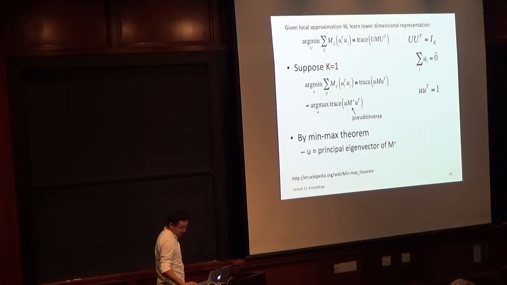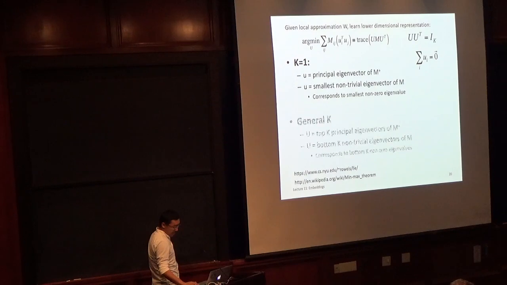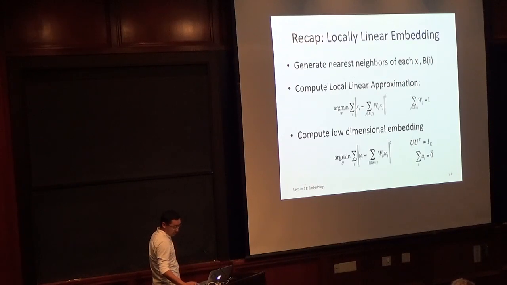So in the interest of time, I'll just skip this. Basically, it turns out that after you set up the problem the right way, you can use PCA to solve for U.